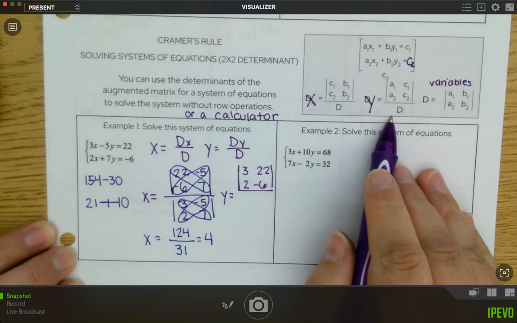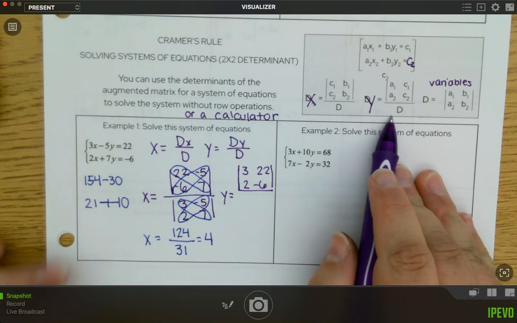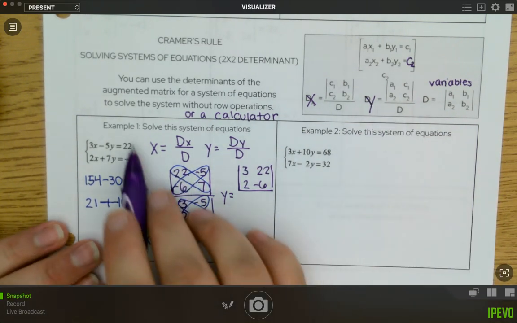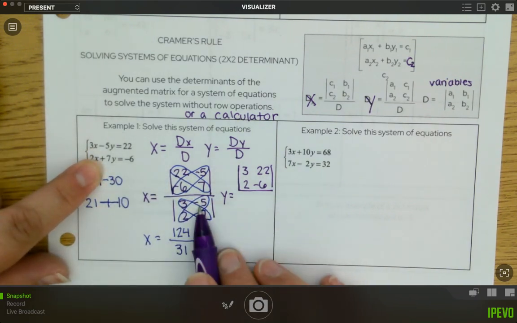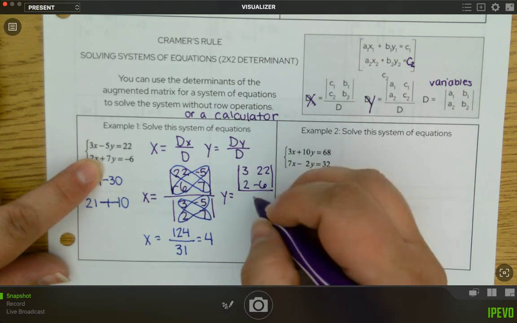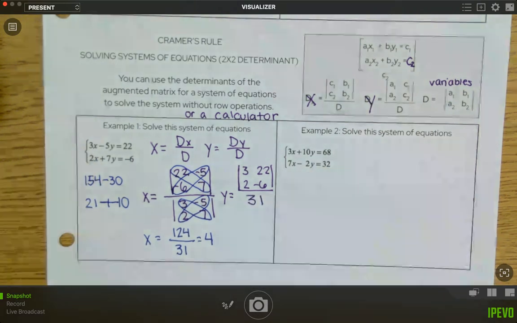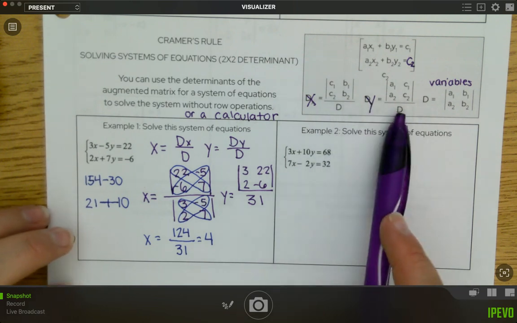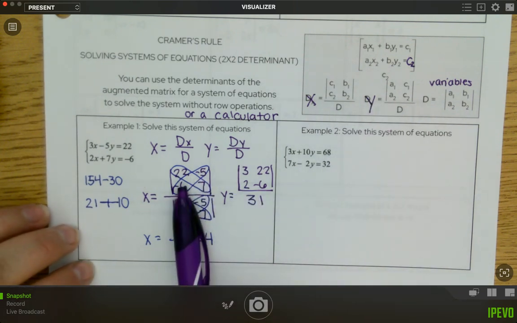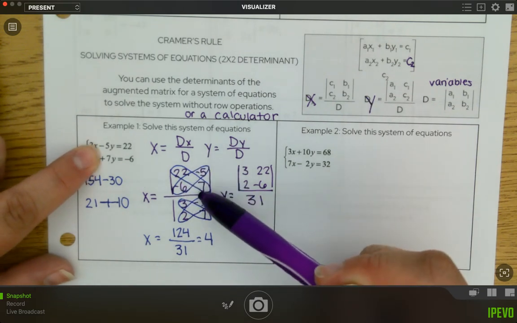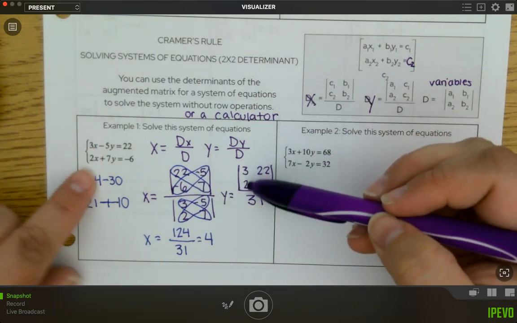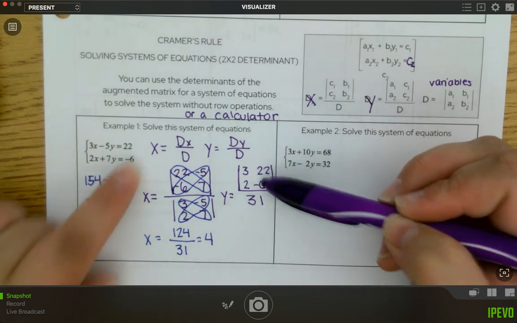But the bottom part is the exact same. So instead of writing all of this out again, 3, negative 5, 2, 7, I already know that this bottom determinant was 31, so I'm going to reuse it. So they both have the same number on bottom, it's just on top, you either use the constant column and the y column for x, or the x column and the constant column for y.